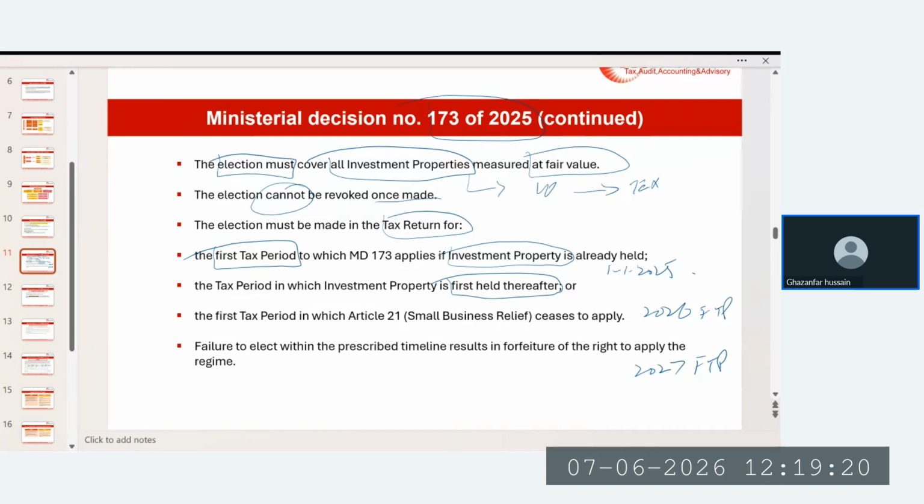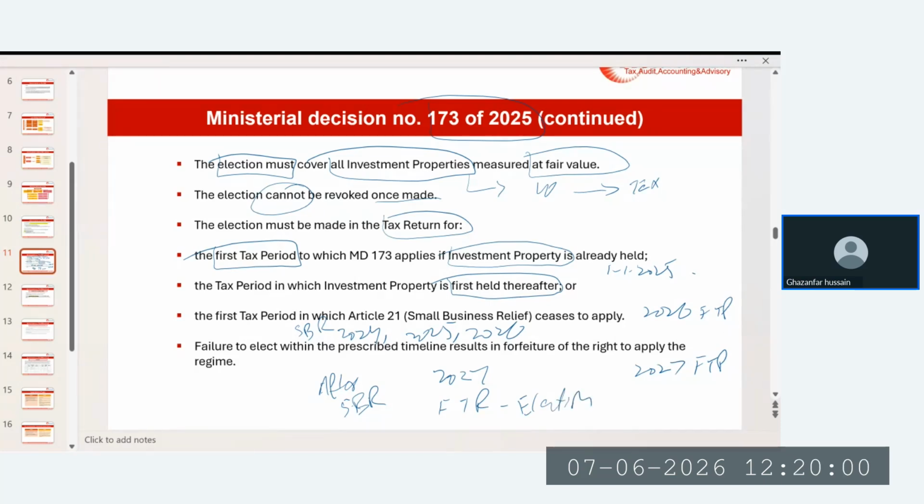So if the business is already opting for SBR, maybe in 24, then 2025, then 2026, even if the property is there, he can opt in 2027 once the SBR relief is no more, right? So this is the first tax period for the subject election.